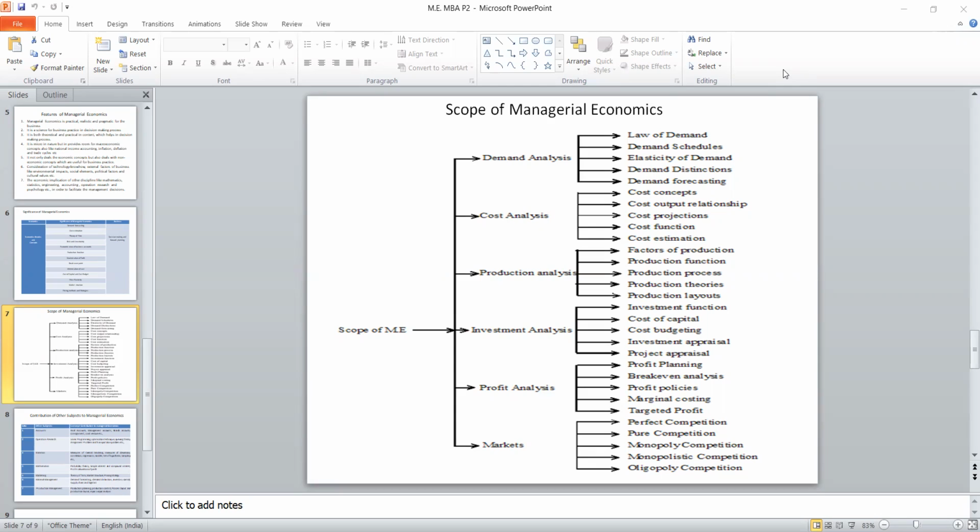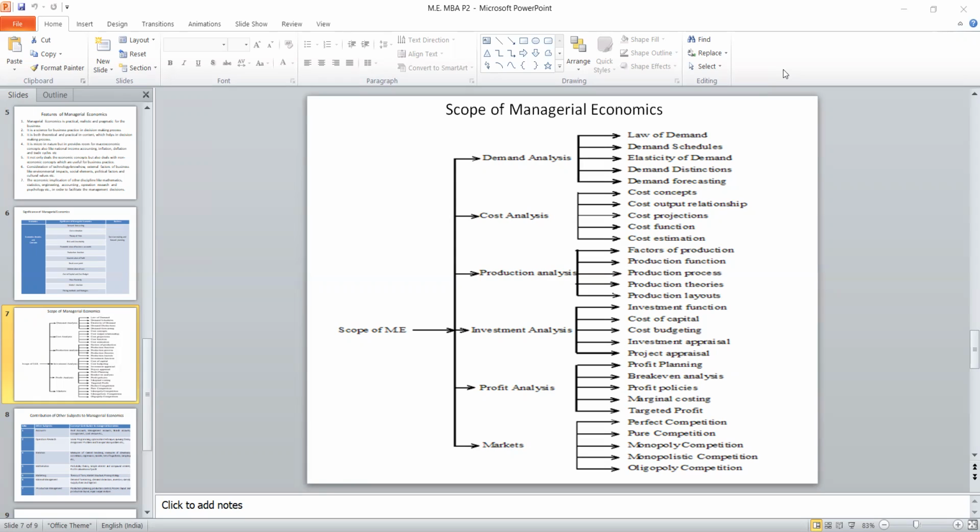Once we know these are all the types of costs that we have to incur, then we should connect with the output. So we should know what is the cost-output relationship. Not only for the short run but also for the long run, we should know how the cost is related with the output. For that, we should project the cost function.